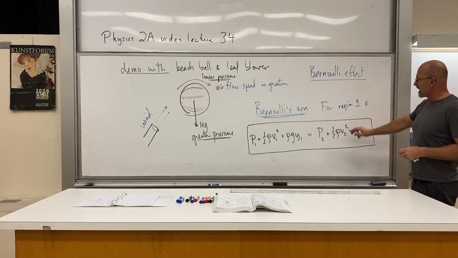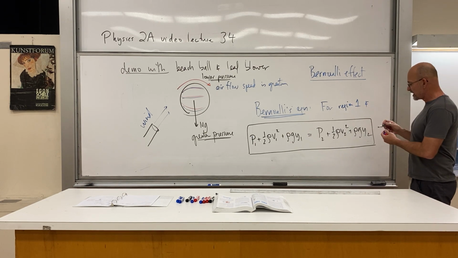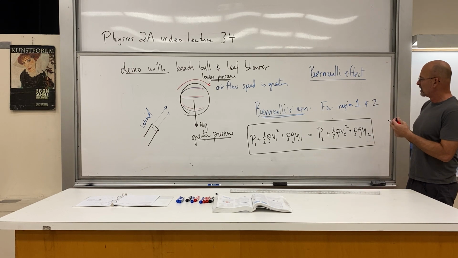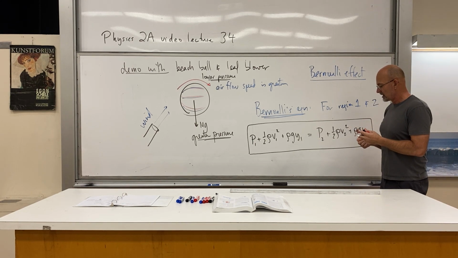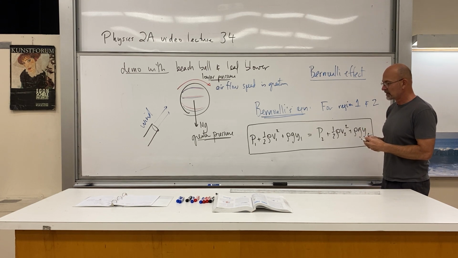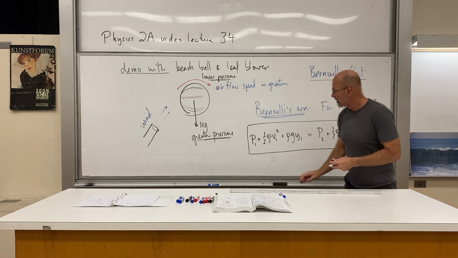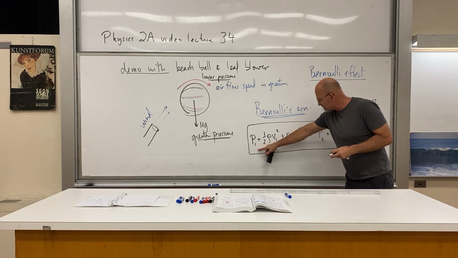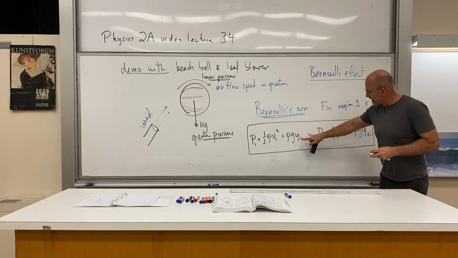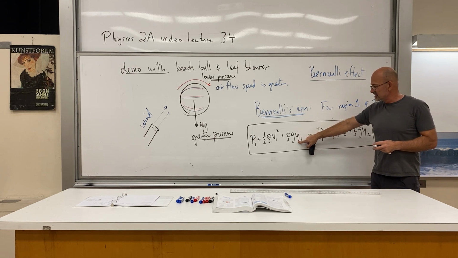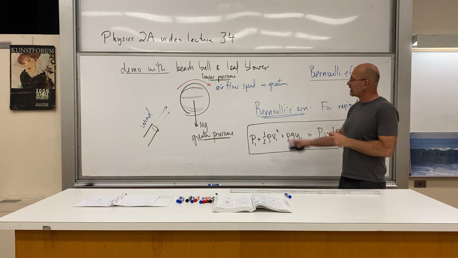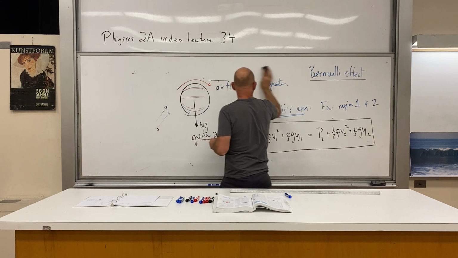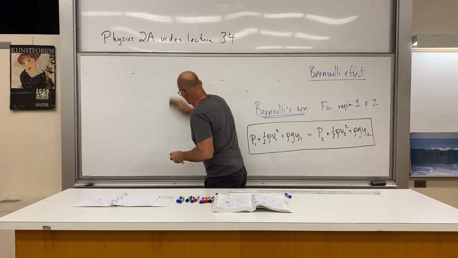So Bernoulli's equation for regions 1 and 2, I already said about the laminar flow. And these are the pressures. I'll get us another picture here in a moment. But these are the pressures, the speeds, and the vertical elevations in those two regions. I'm going to go ahead and erase this picture and get a slightly different one going. And then we'll do an application.